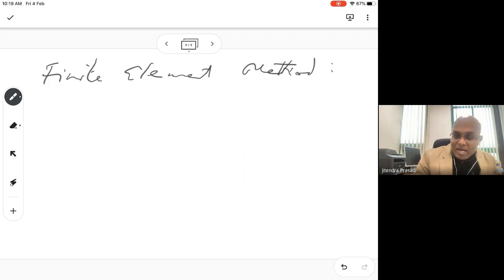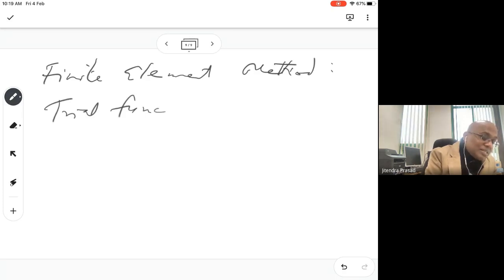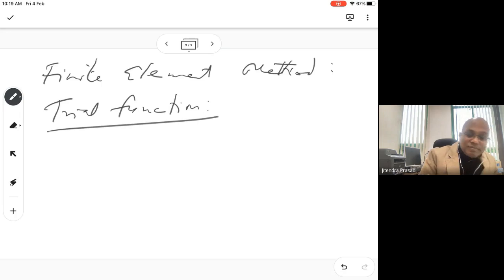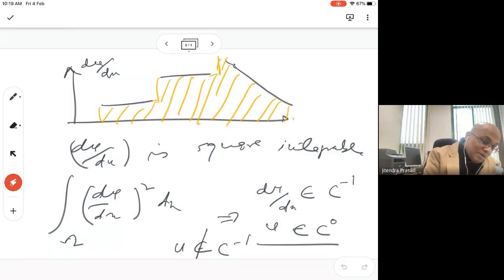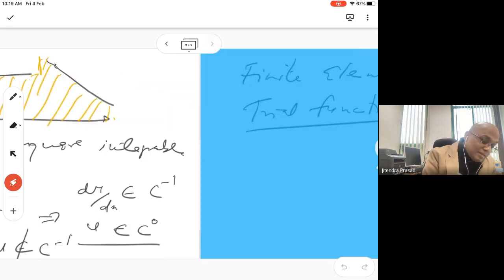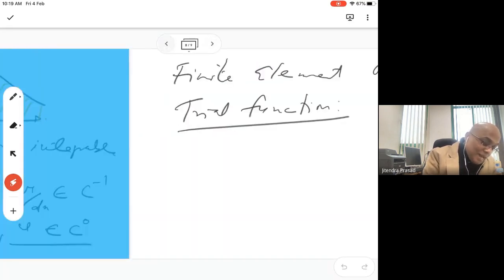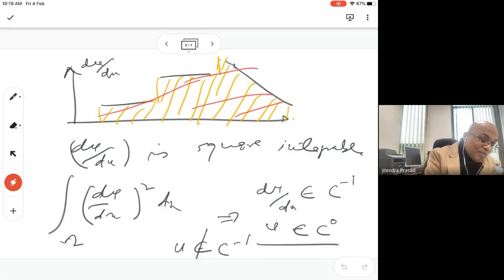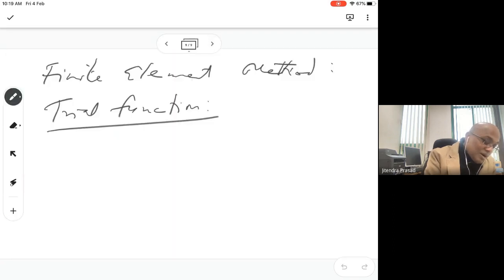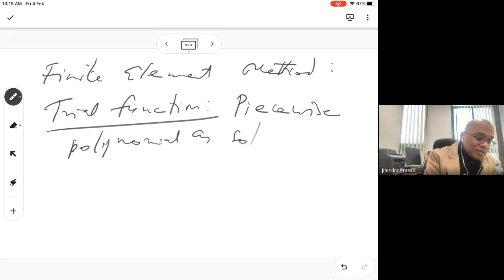However, your trial function we will change. It will have all the properties that we have seen, and we know that the trial function can admit a piecewise polynomial as solution. So in the finite element method, you work on a piecewise polynomial as solution.